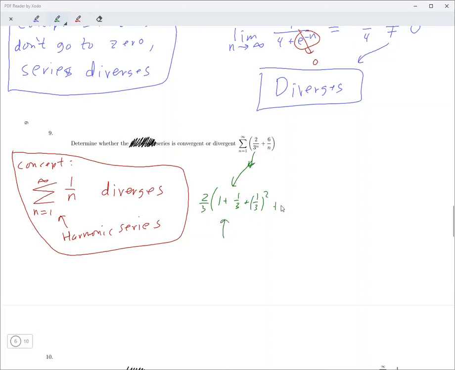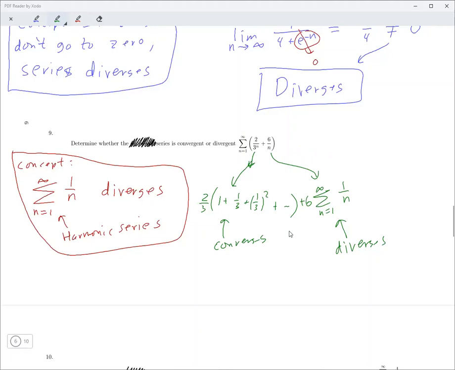This part converges. But this part here diverges. It's the harmonic series that diverges.